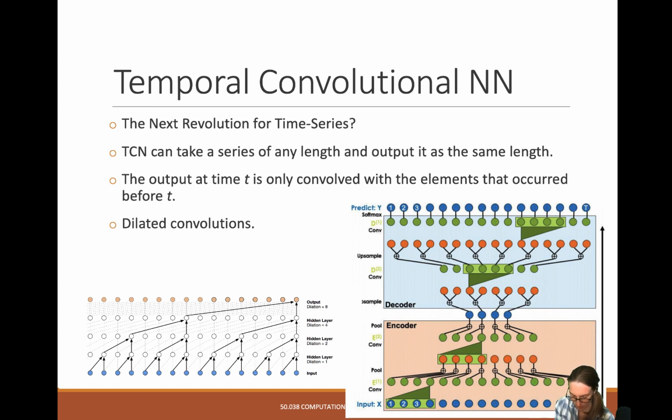So we have as input a time series here, with time 1, 2, 3, 4, etc. And at time t, the convolution takes into account some previous elements in time, never elements that occur later in time. So these dilated convolutions are set up in a hierarchical way.